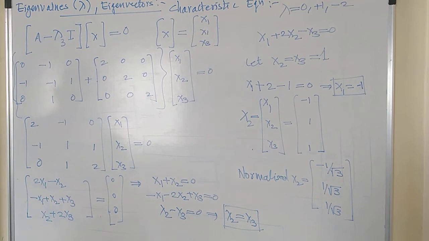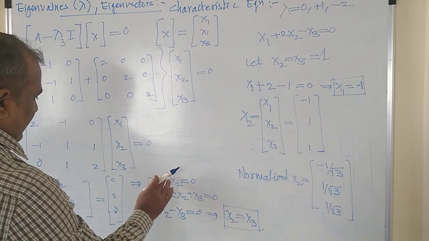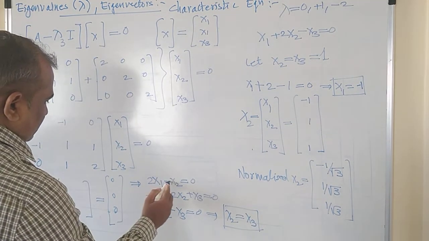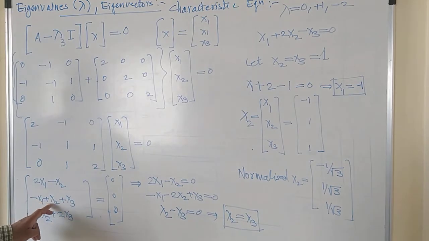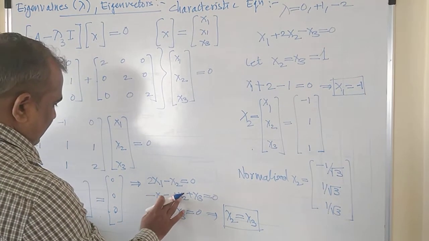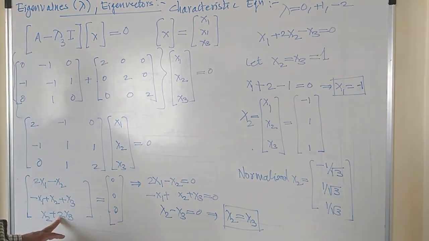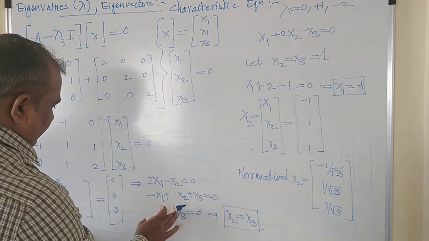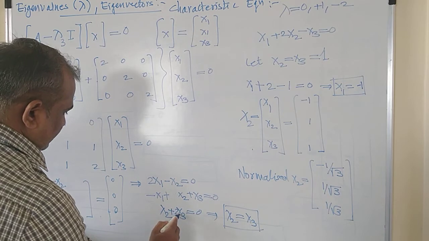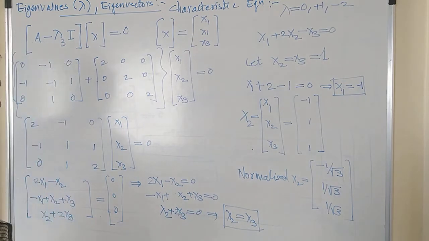Now these equations will be 2x1 minus x2, second is minus x1 plus x2 plus x3 equals 0, x2 plus 2x3 equals 0. So this will give you now the values of x1, x2 and x3.